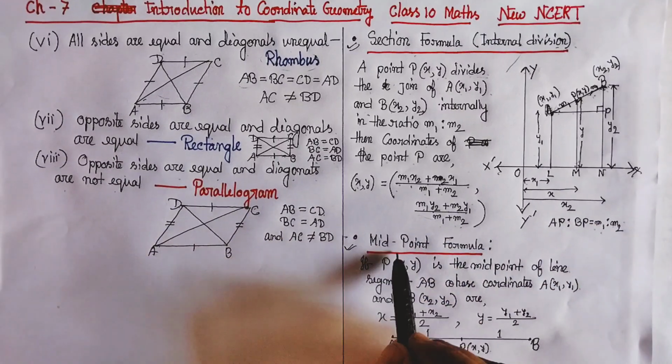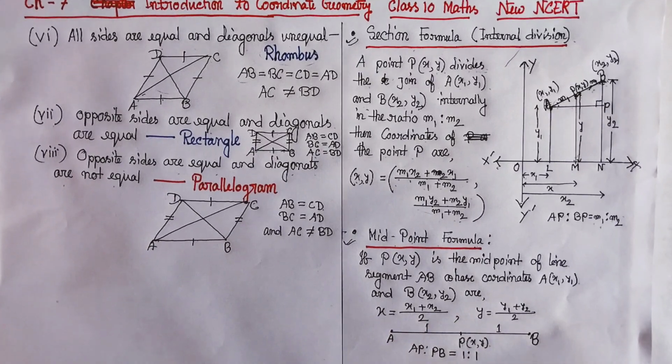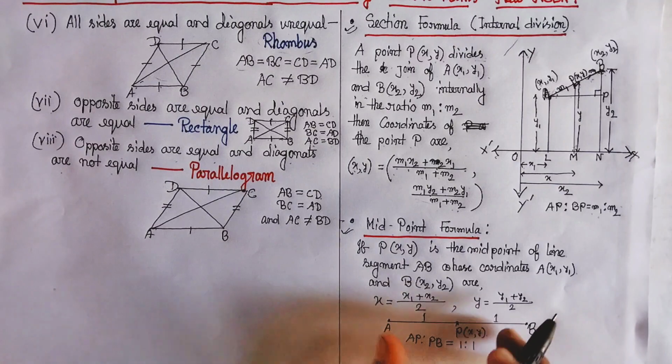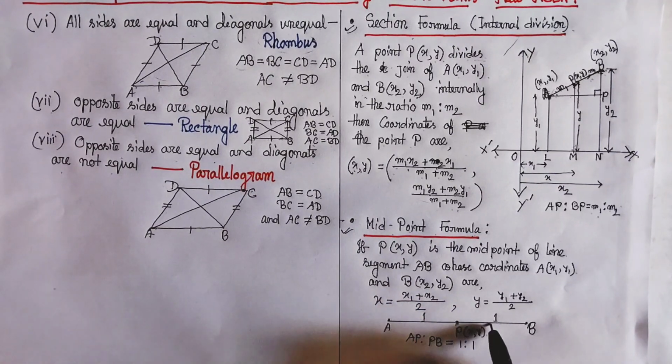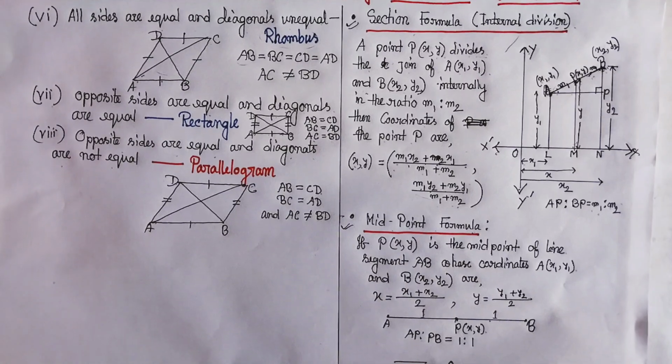Again next, the midpoint theorem. Midpoint means a point divides a line segment into equal parts. That means P divides AB internally in the ratio 1 is to 1. So here AP is to PB equals 1 is to 1.